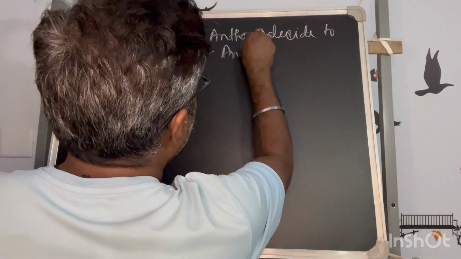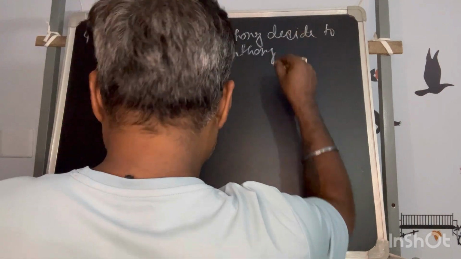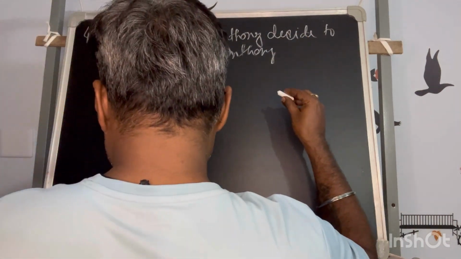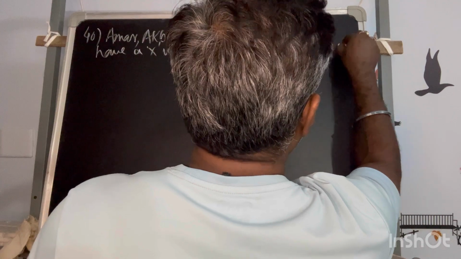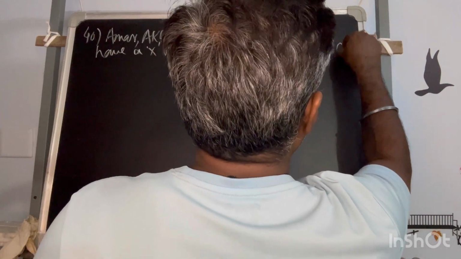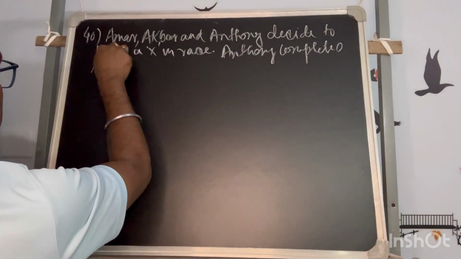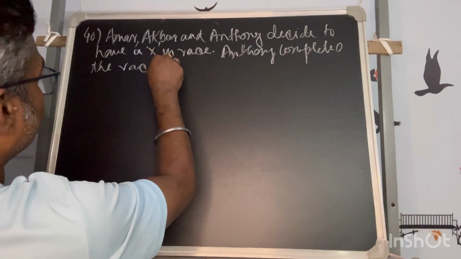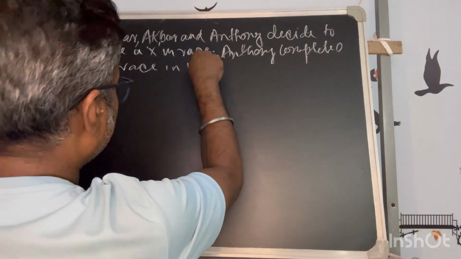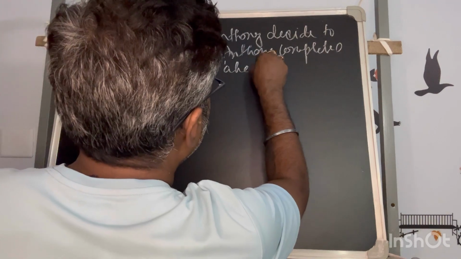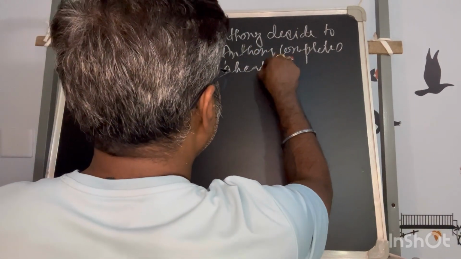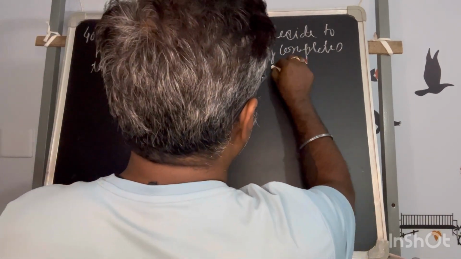Anthony completes the race 14 meter ahead of Amar.